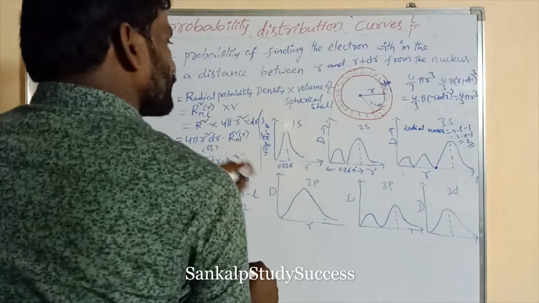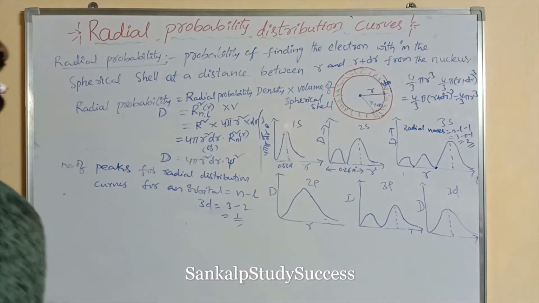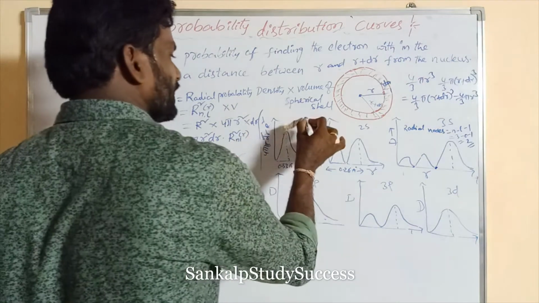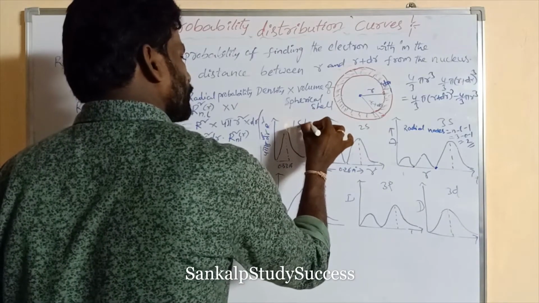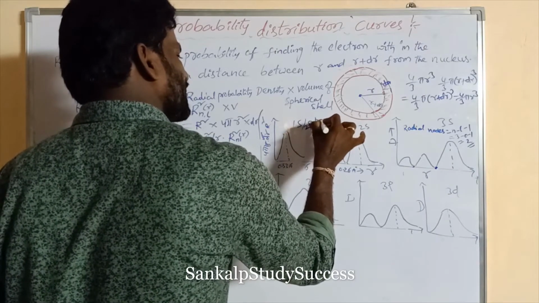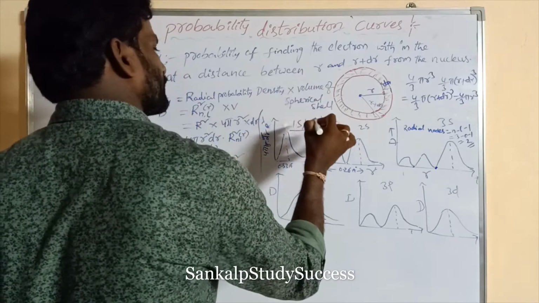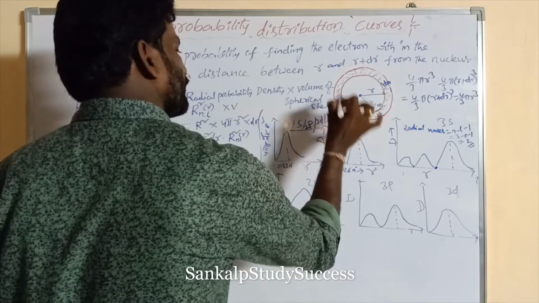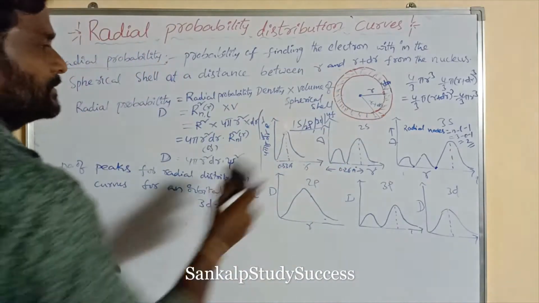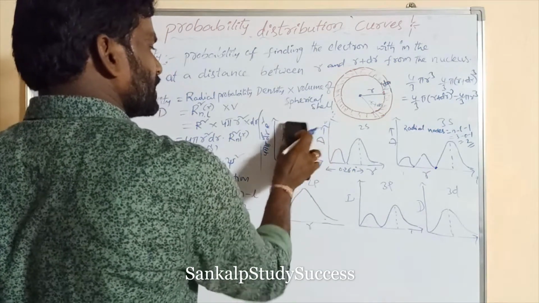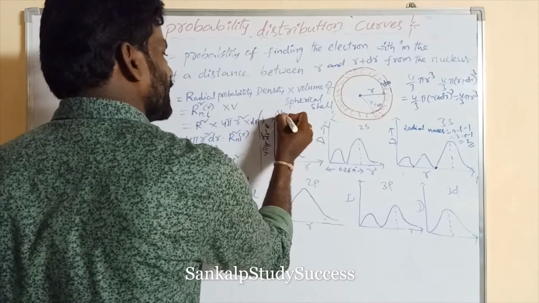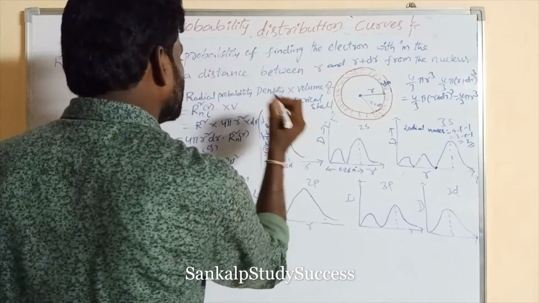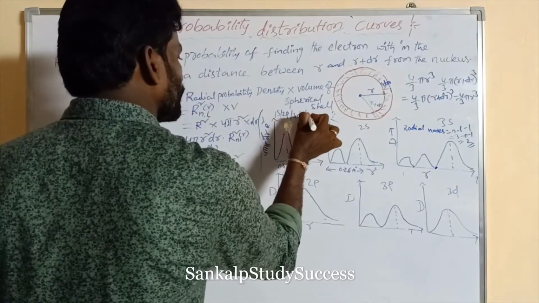So the diagrams for the 1s orbital, 2p orbital, 3d orbital, and also 4f orbital are the same. Which type of curve is obtained for 1s, 2p, 3d, 4f?